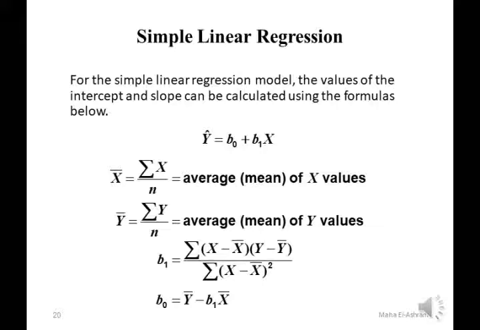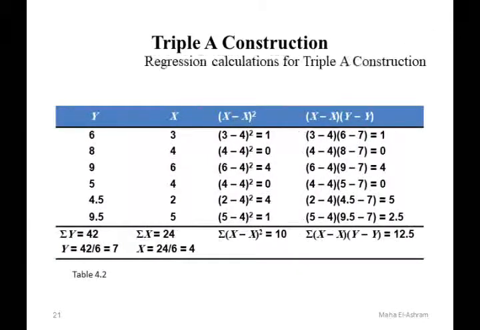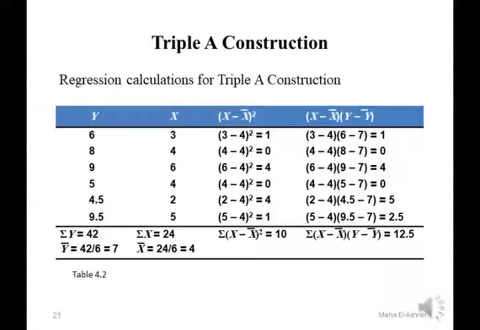And as I said before, this is still part of your knowledge, but you will not be asked to calculate either b naught or b1, but simply let's show you the calculations that you need to do.